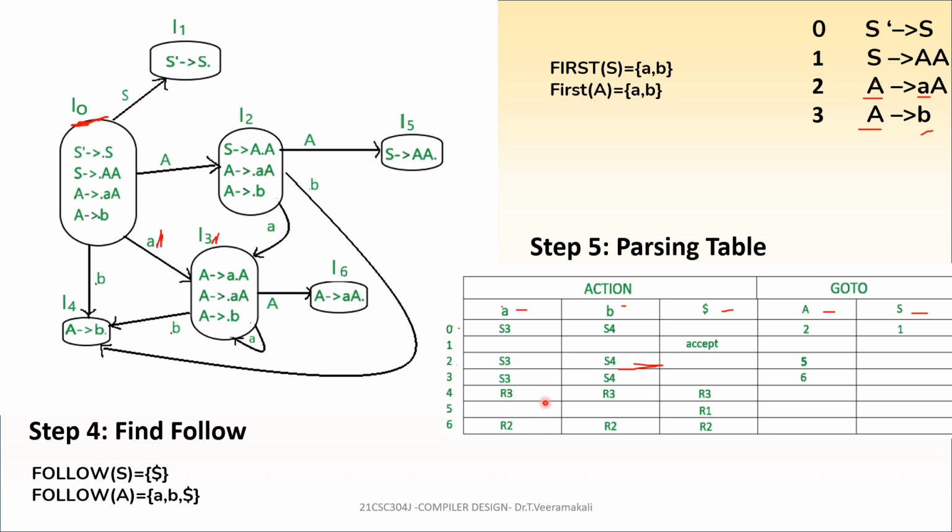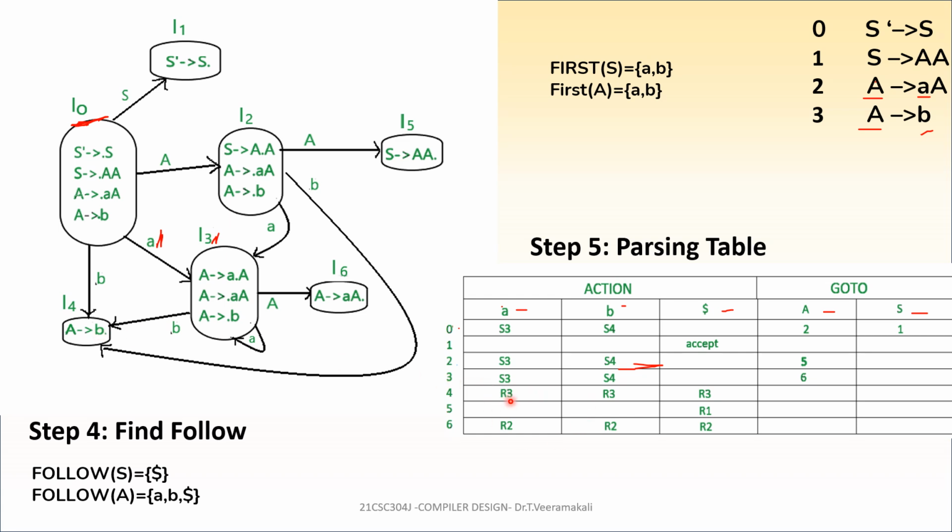Okay, once again I'll tell you this. If you take this I4, that is representing the state number, and what is the production rule you have? A tends to B. In this production, what is the number assigned for A tends to B? It is 3. So since it is the reduce process, you must represent it as R3.